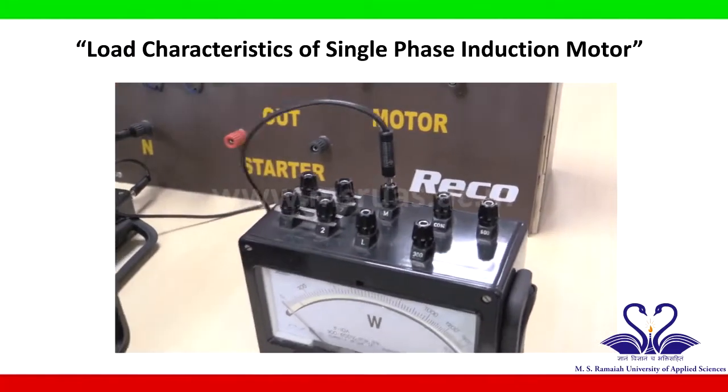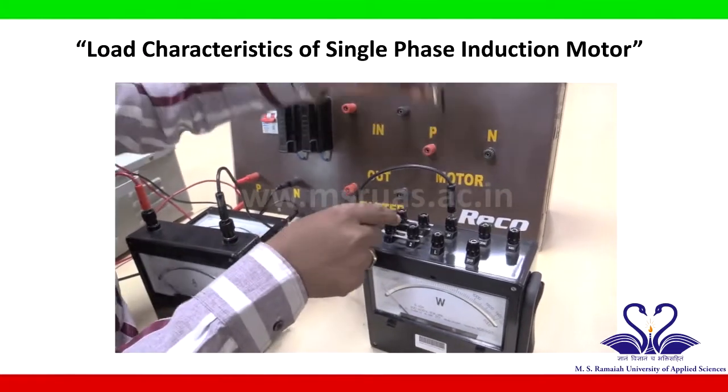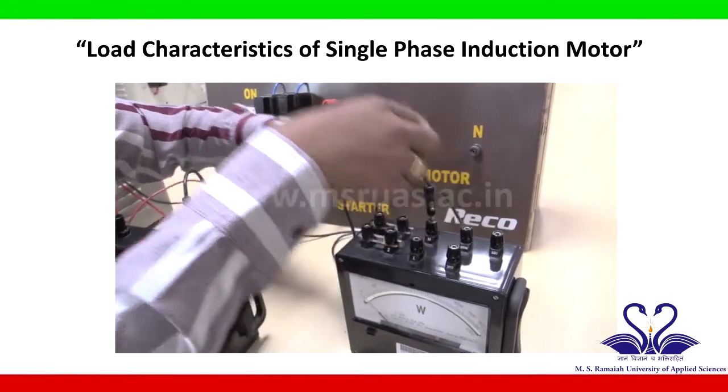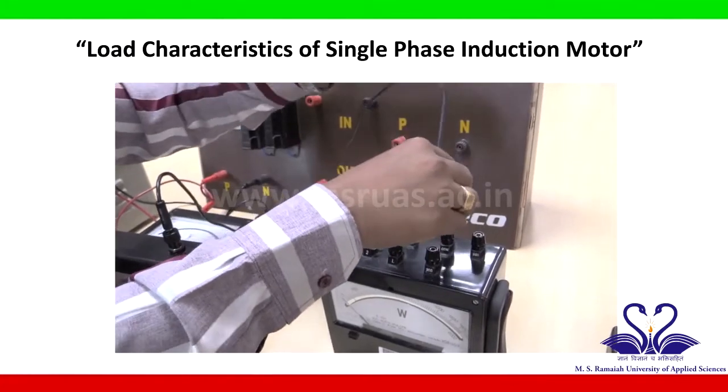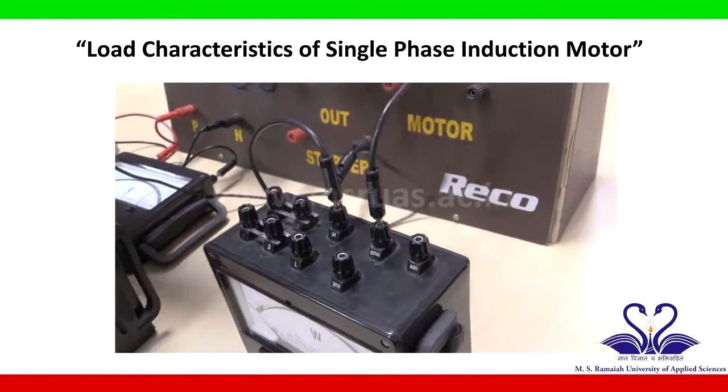Now short M and C terminals of the wattmeter, that is M is the main, where C is the common. Now these two terminals are shorted as per the circuit diagram.